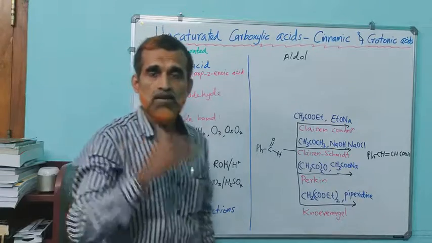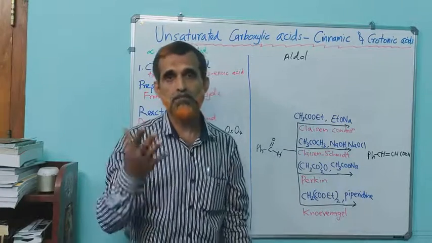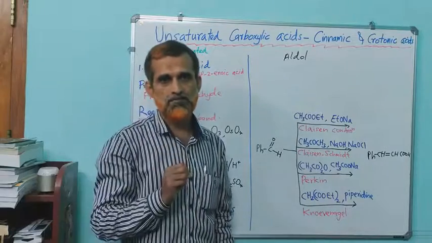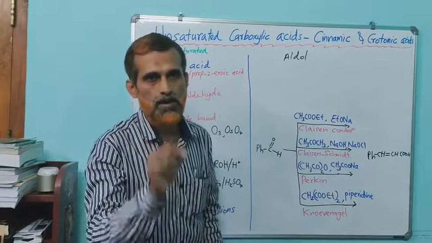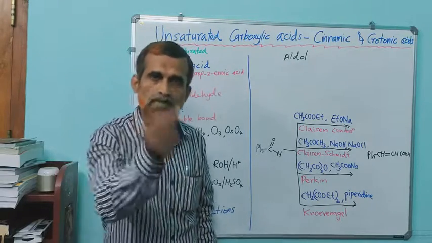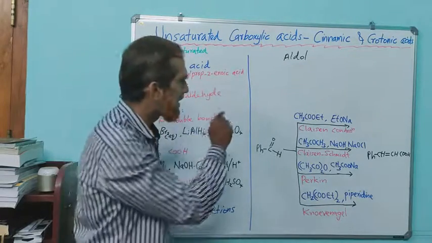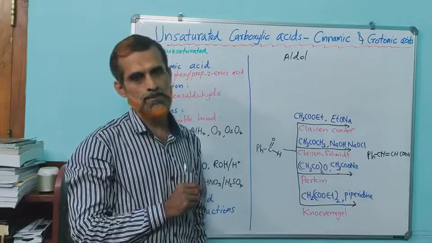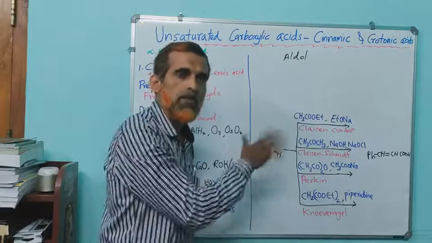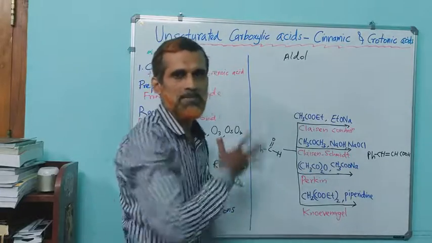And you have learned its mechanism at the +2 level itself. The base abstracts a proton of the alpha carbon forming a carbanion, and the carbanion then attacks the carbonyl carbon, isn't it? Here also the mechanism is very analogous with slight differences.